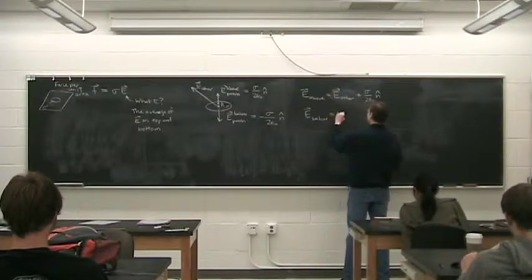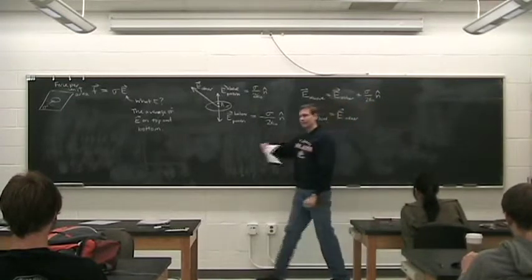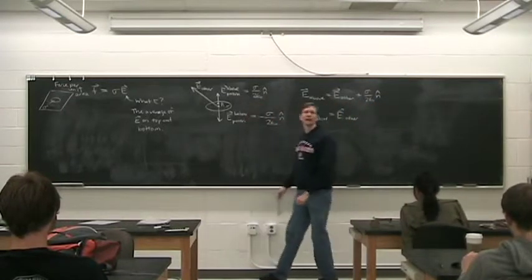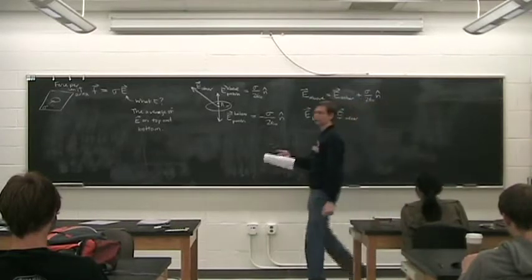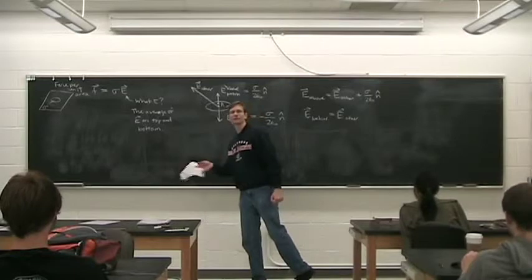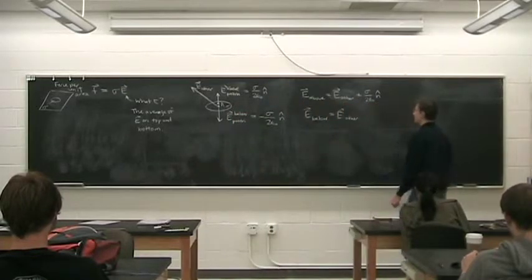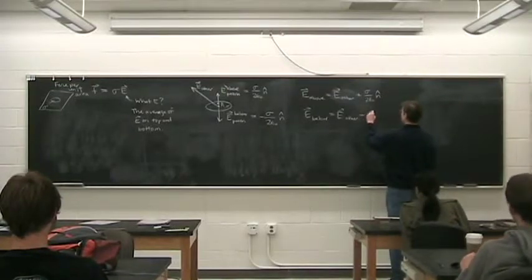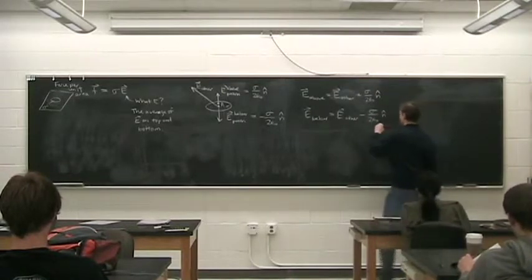will be E other, which is continuous across the boundary, right? Because, remember, same argument as last time, the E other is due to all the other charges in the system, so there's no contribution from the patch itself, so as far as it's concerned, there's no reason to have a discontinuity there. So E below is E due to the rest of the charges in the system, and then minus sigma over 2 epsilon naught n hat, the contribution due to the patch itself.